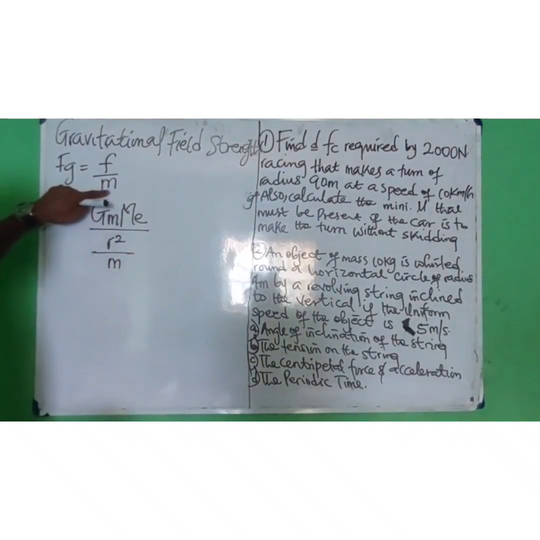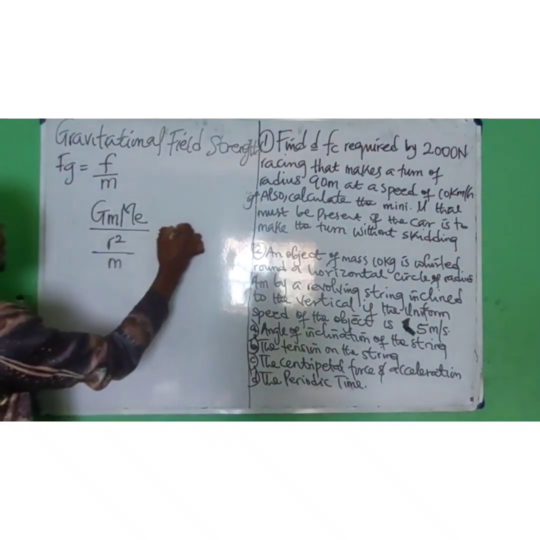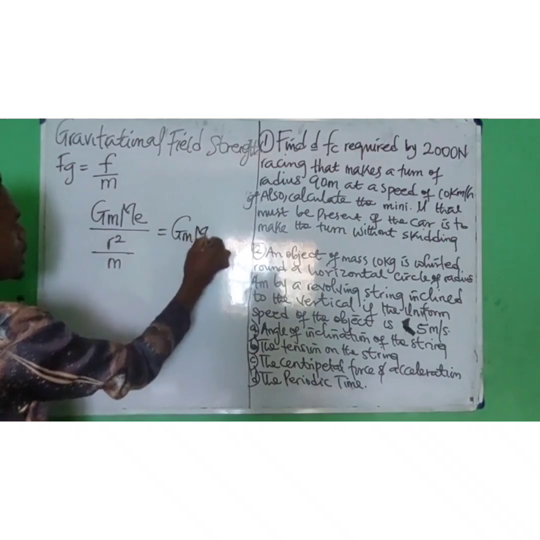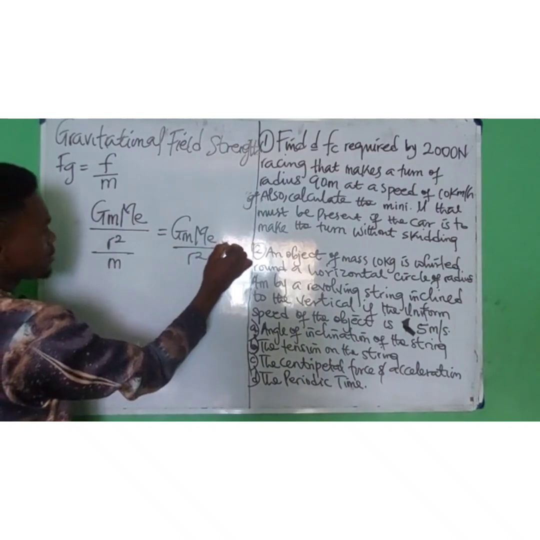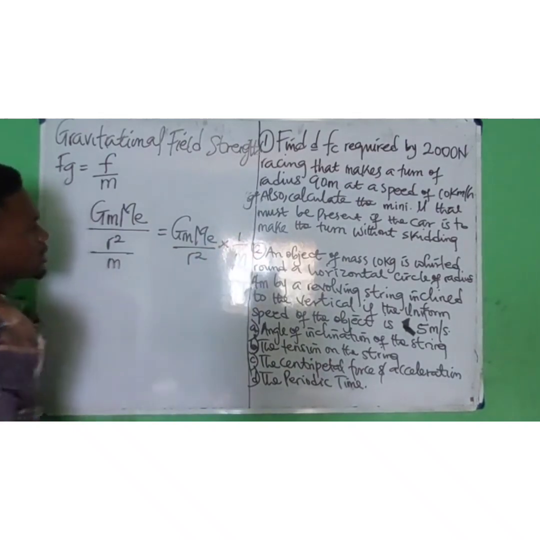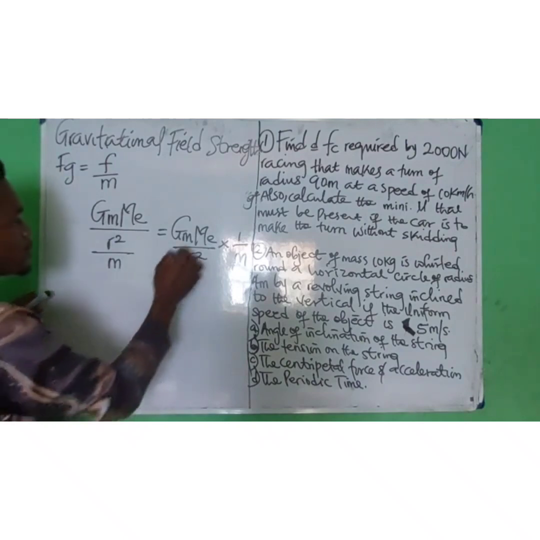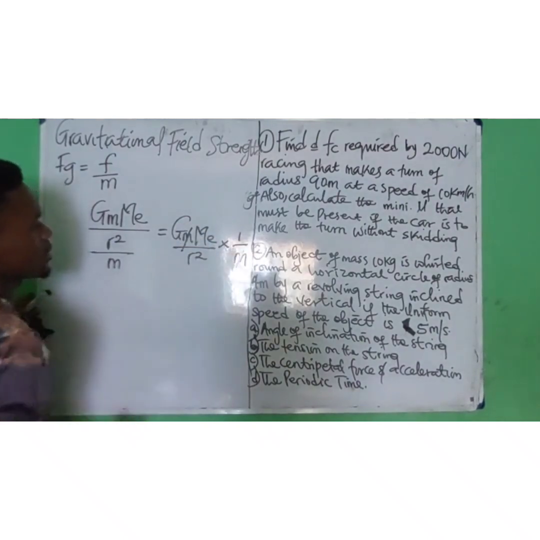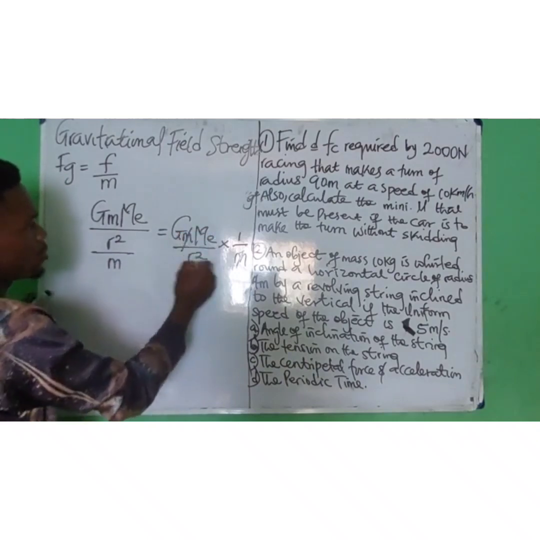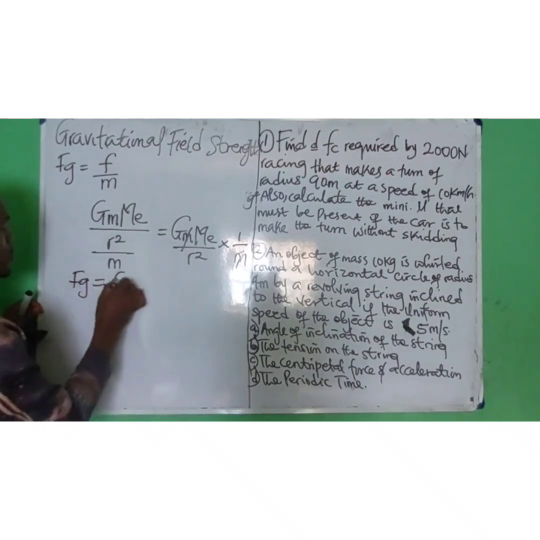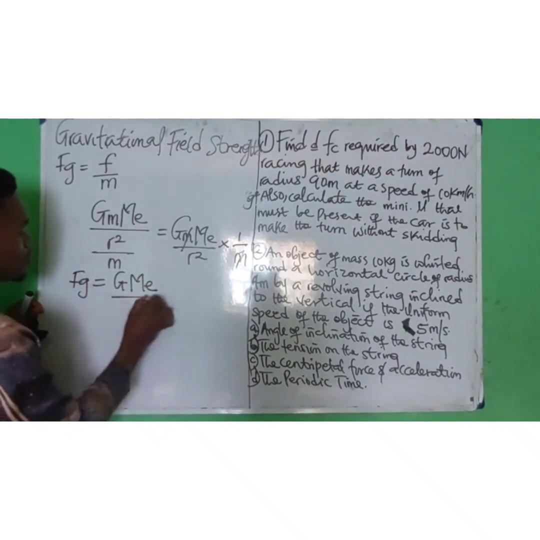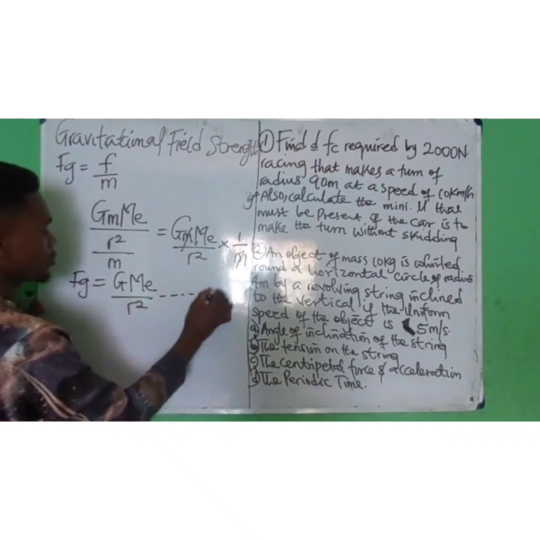Because this M is this very one. So what I have here is this F. So from here I'll say G M M E over R squared times 1 over M. So this M will go into this M. Hope you are following. It therefore means that Fg now is equal to G mass of the earth over R squared, equation 4.